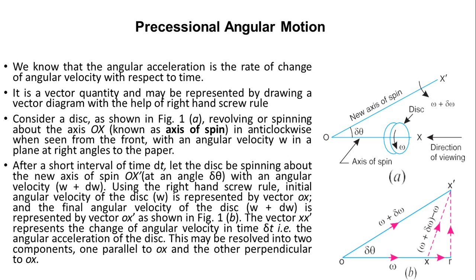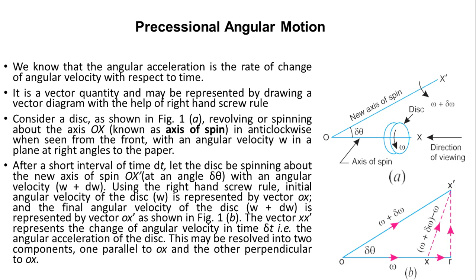When there is a change in position, the new axis shifts from OX. So if OX is shifted to OX dash, what is the change? That angle del theta, shifted to the new axis. So the axis of spin is shifted from OX to OX dash.